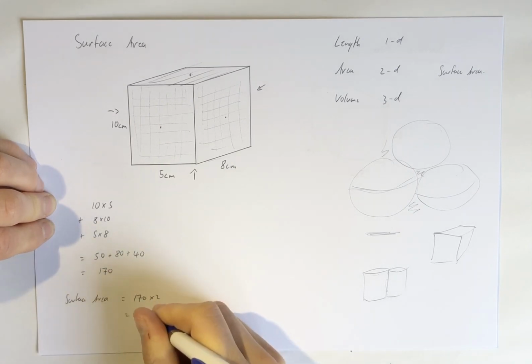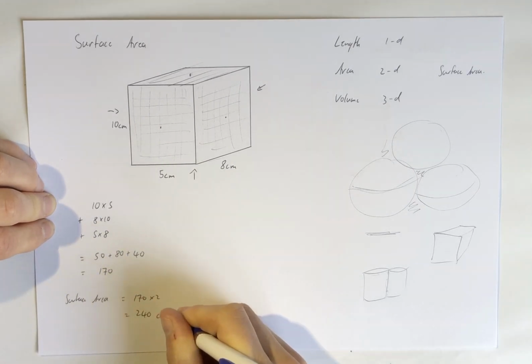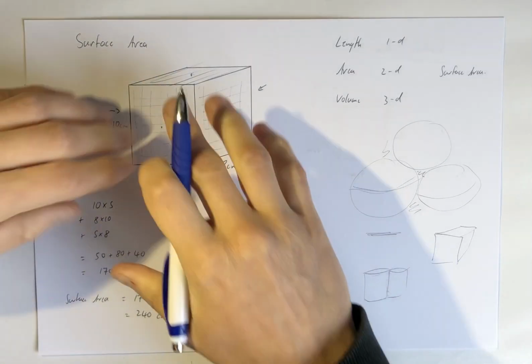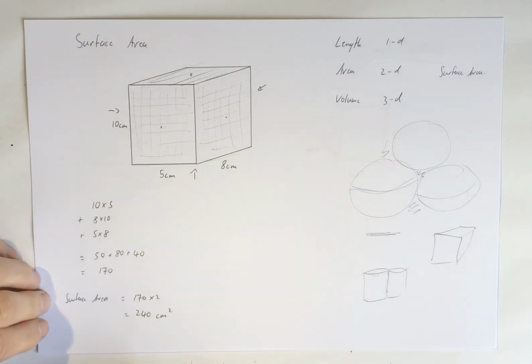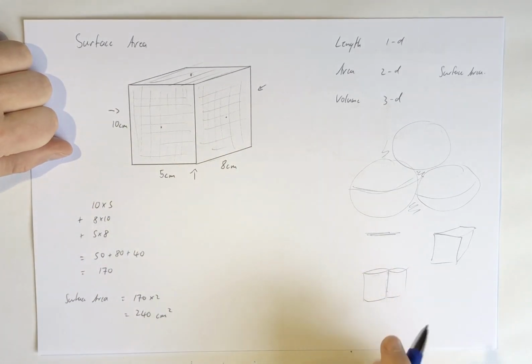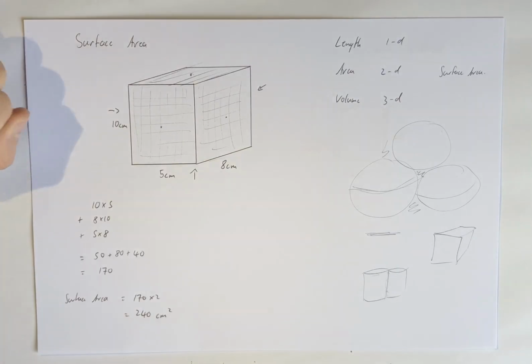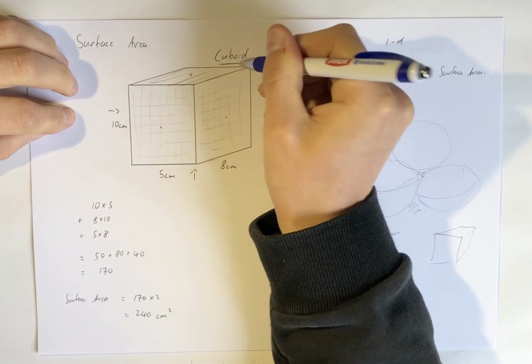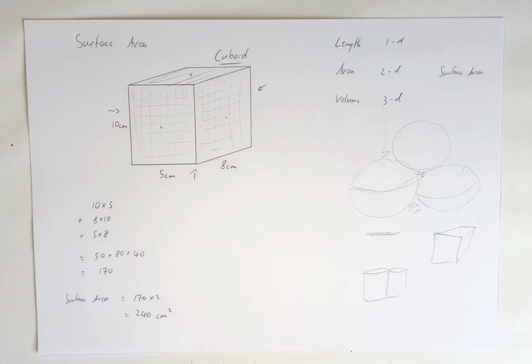Is that 340 centimeters? And because it's an area, it's squared. So if you were to flatten this out, you'd need 340 centimeters squared of sheet metal or whatever material you're using to create this cuboid. Cool. Hopefully that makes sense. So we need to calculate the face of each side.